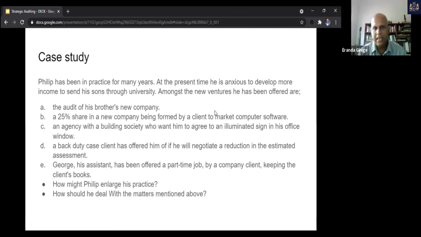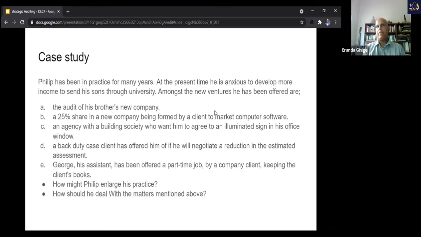Yeah, so what you're saying is maybe he can still take the 25% shares and be a shareholder of that new company, but then he will have to refrain from auditing that company. Yeah. And again, this is about getting income to send his sons through university.